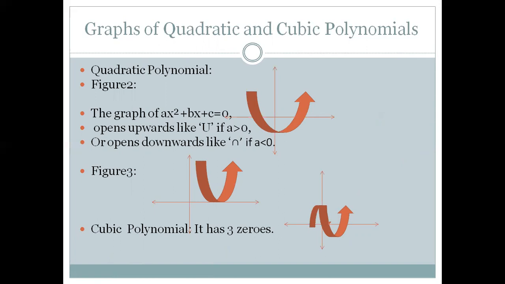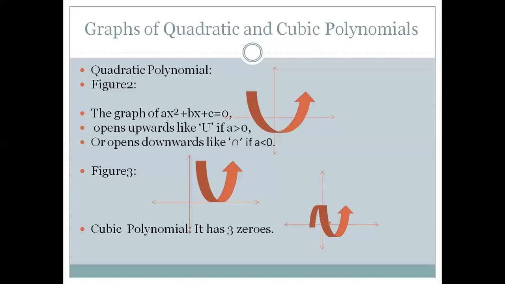Now, if you see the second figure, in this figure, the U-shaped curve covers both negative and positive directions of x-axis. That means this U-shaped curve has two zeros, but one is positive x, the other one is negative x. It means the two zeros are negative and positive. When the U shape is covering both negative and positive x-axis, then you will have one negative zero and one positive zero.